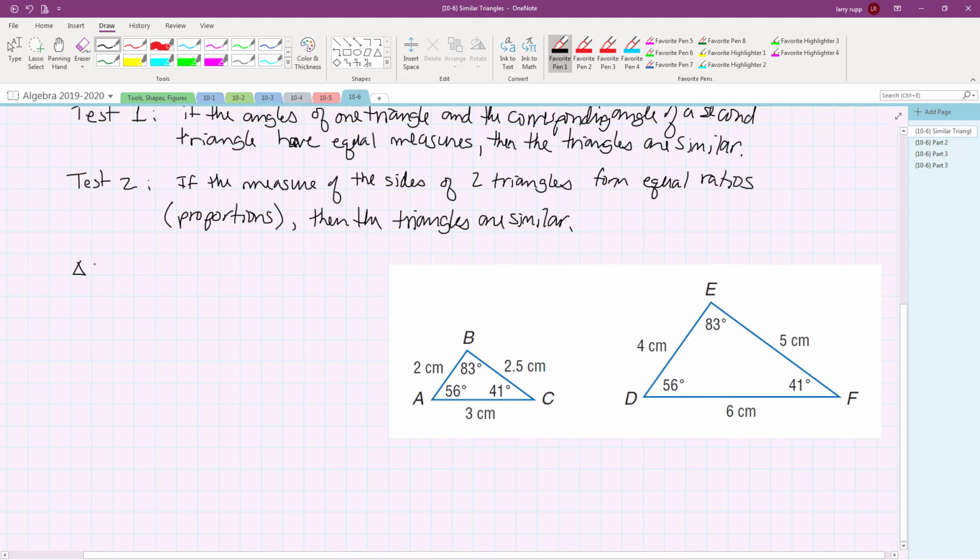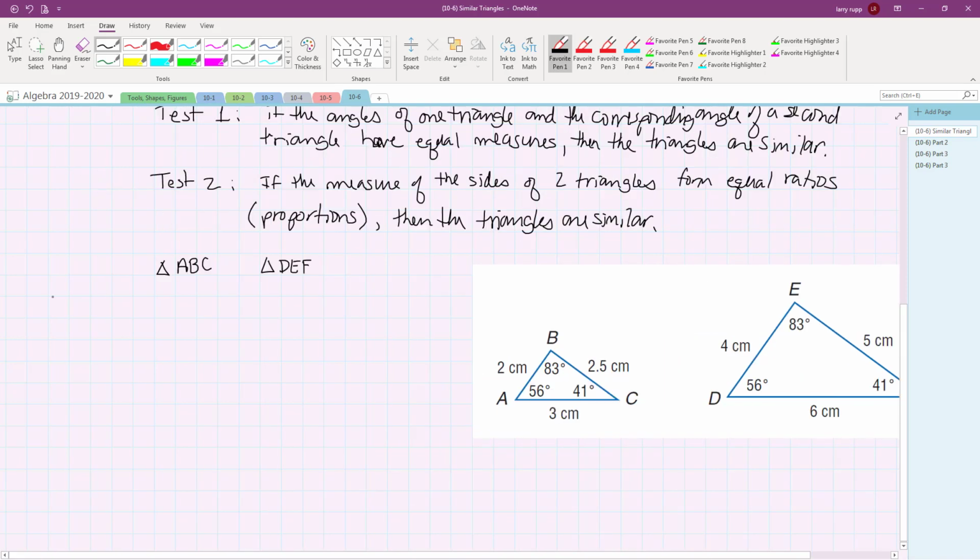We have triangle ABC, and then we have triangle DEF. The order of the letters is important, so that angle A corresponds to angle D, angle B corresponds to angle E, and angle C corresponds to angle F. The order is important.